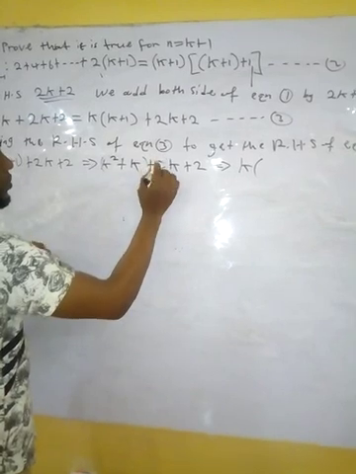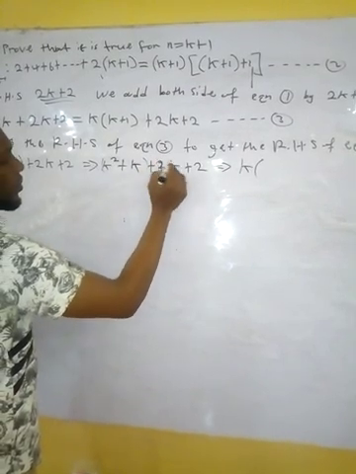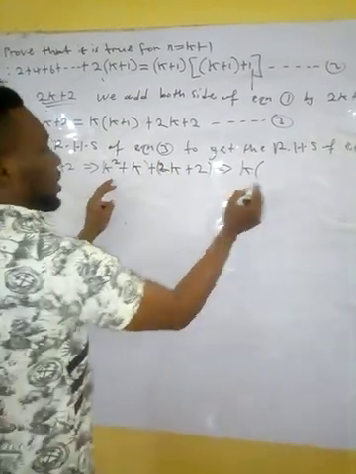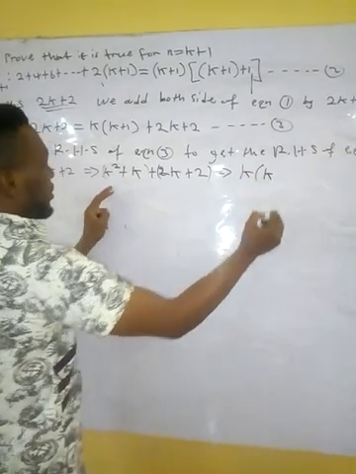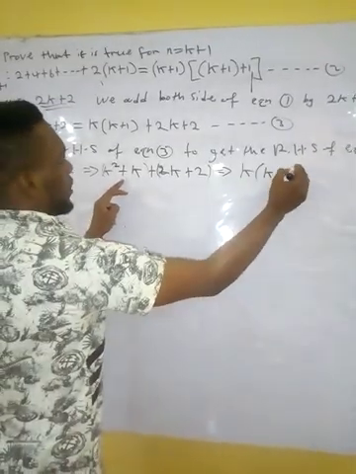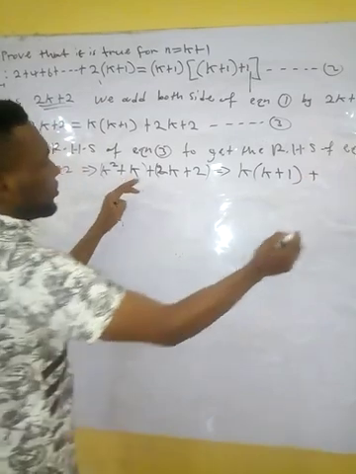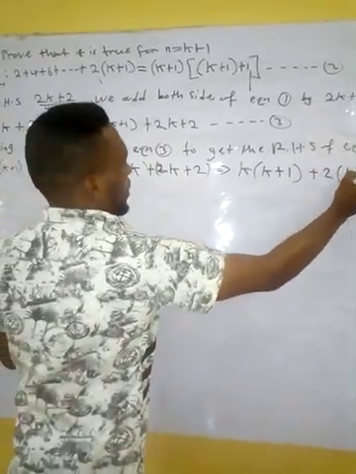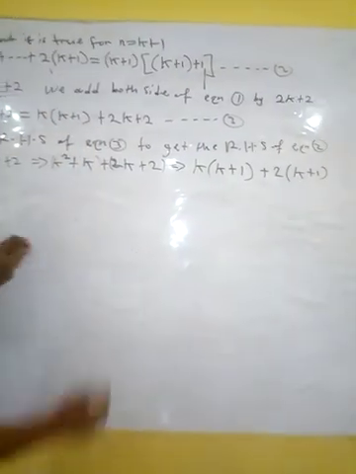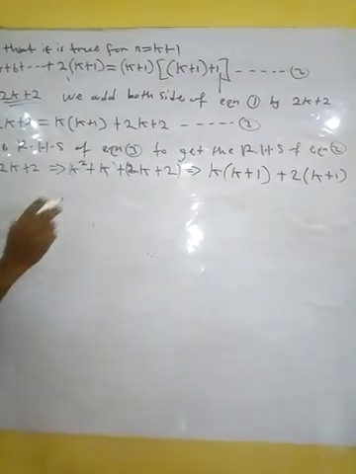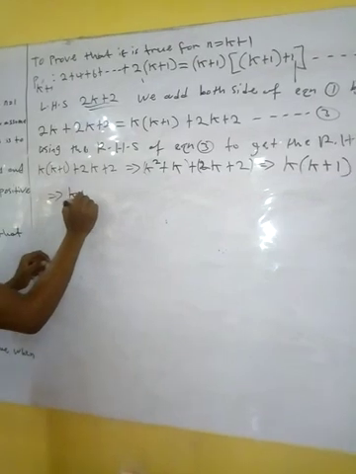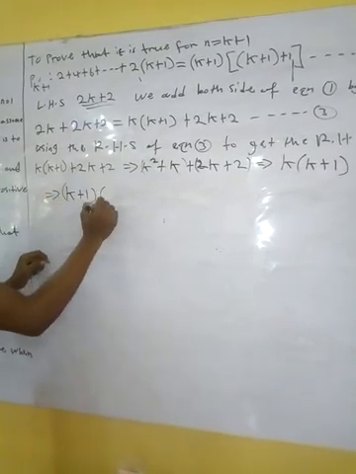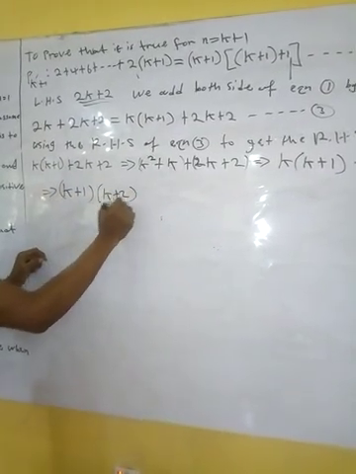Okay, so k is common, put k out, k plus 1, plus, what is common here? We have 2, then k plus 1. So the factor out that we have is k plus 1 and k plus 2.